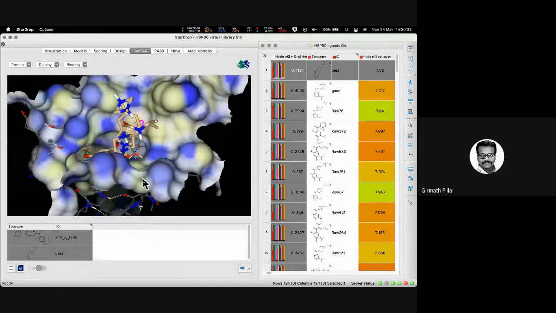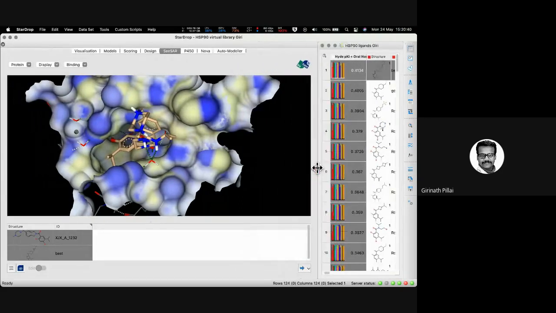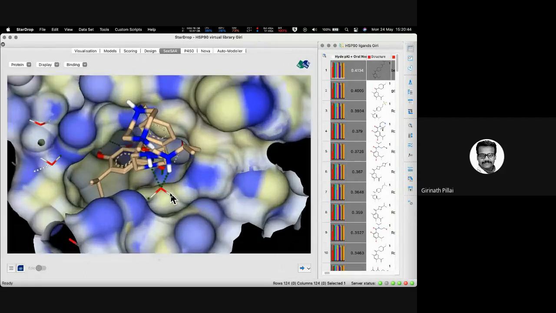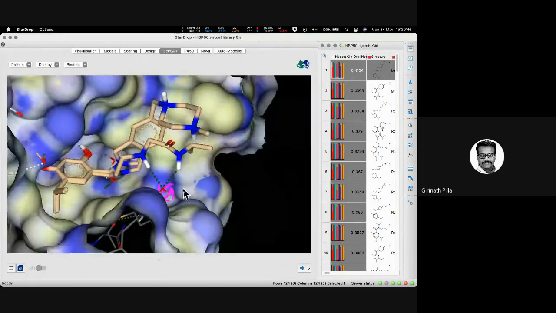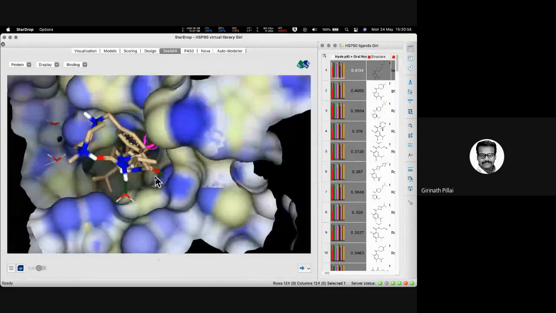So here you can see, now we are going to do an exercise here, right? All the chemists in the audience. I have a co-crystal ligand here already, right? And also I have another compound which is here. This one is another compound, this is another compound. Both are different compounds.